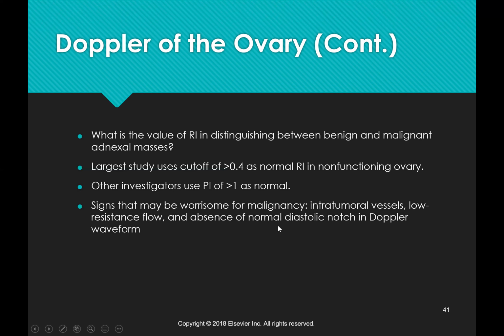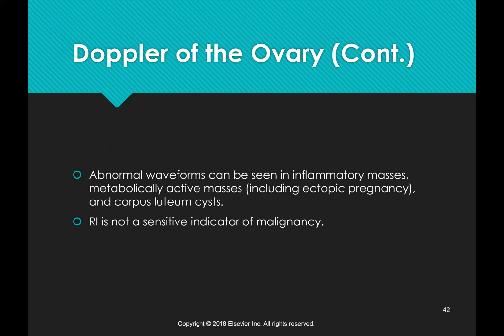So it's going to be more of a continuous flow instead of the high resistance that we usually see in an ovary. Abnormal waveforms can be seen, and when they say abnormal, that usually means lower resistance flow, which can be seen in inflammatory masses, metabolically active masses, and corpus luteal cysts.